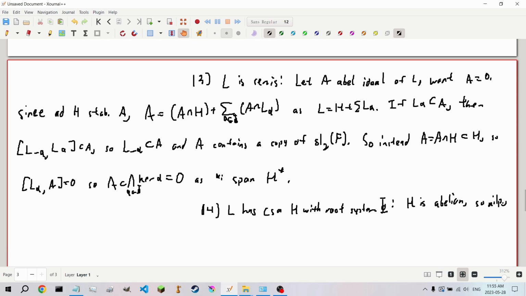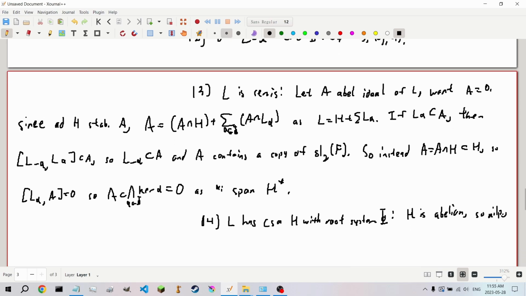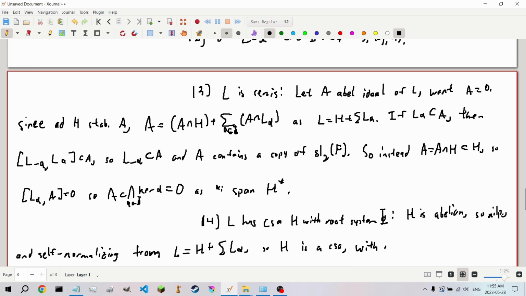And self-normalizing, from L equaling H plus the sum of our L alphas. So H is a Cartan subalgebra with, obviously, roots of phi.